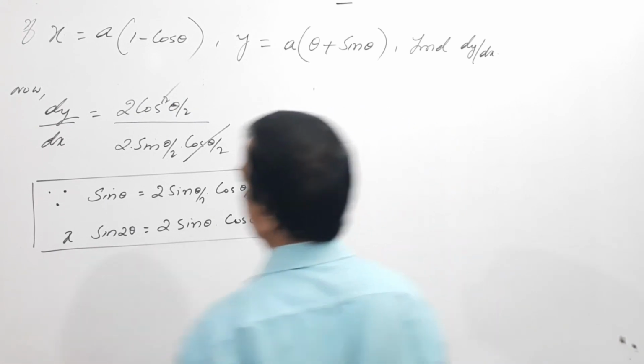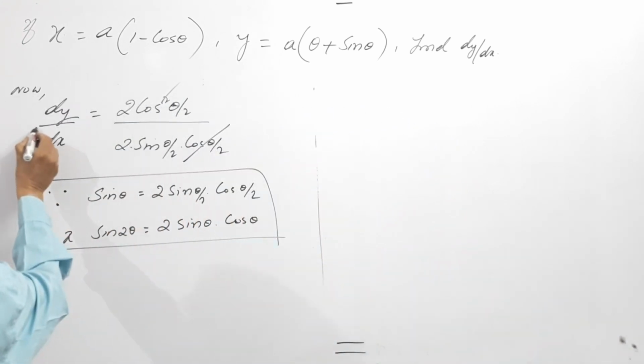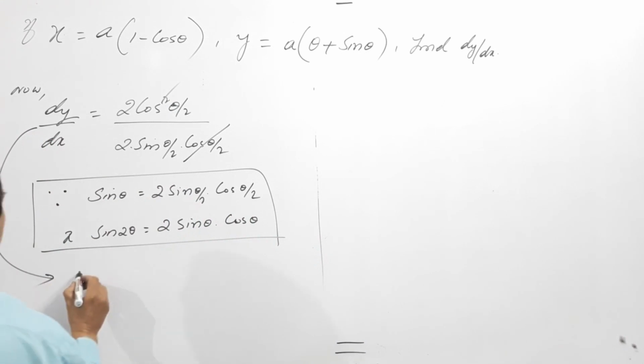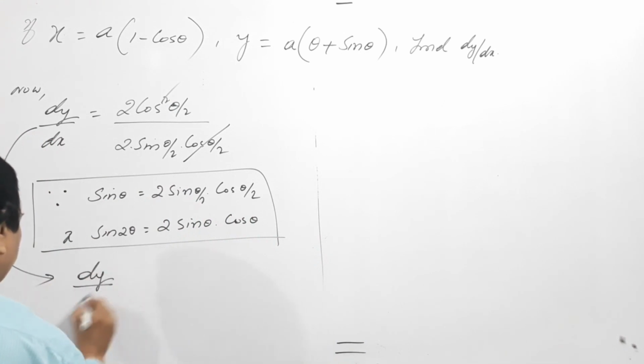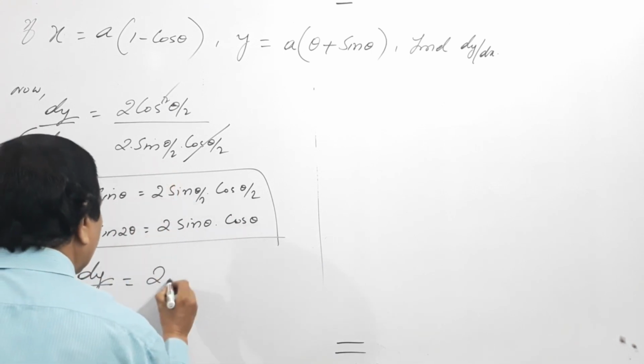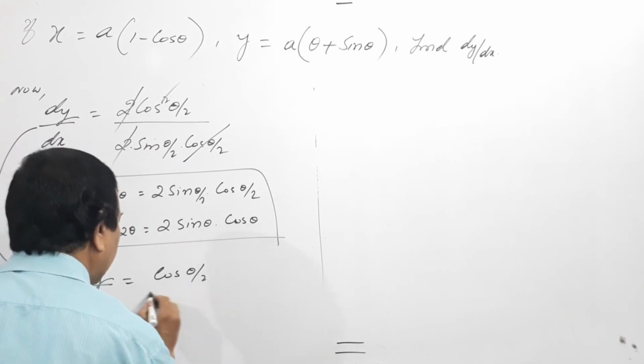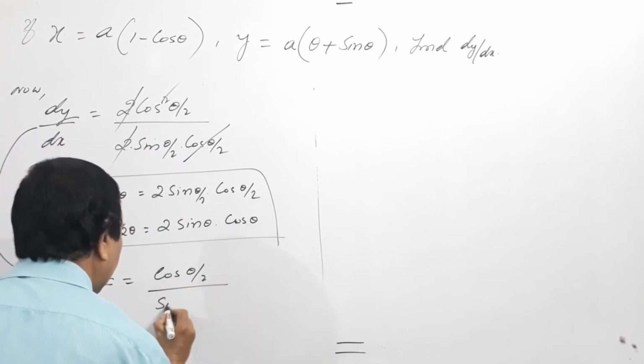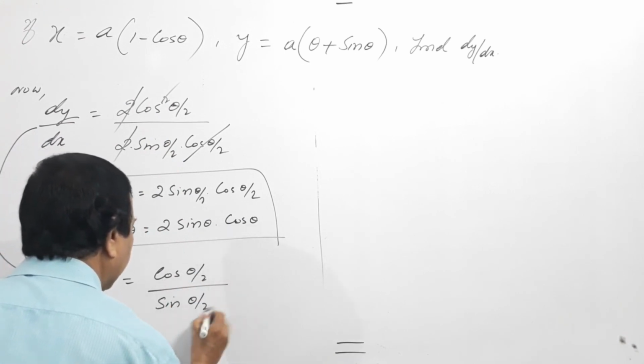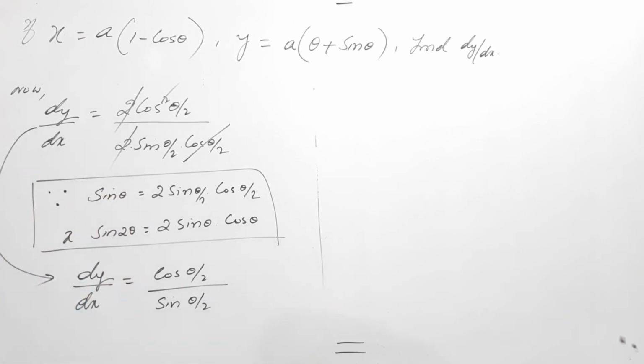So here dy by dx equals, you are left with what? 2 here, this 2 cos theta by 2 divided by 2 sin theta by 2. What is cos by sin? Cos by sin is nothing but cot.